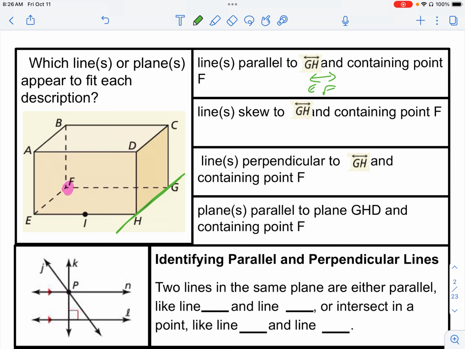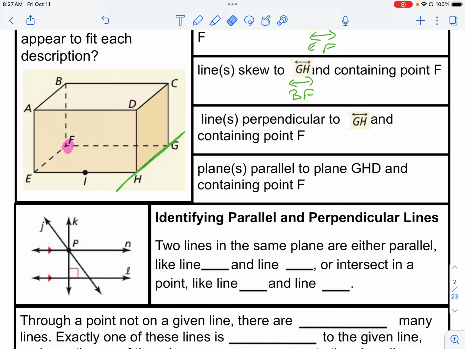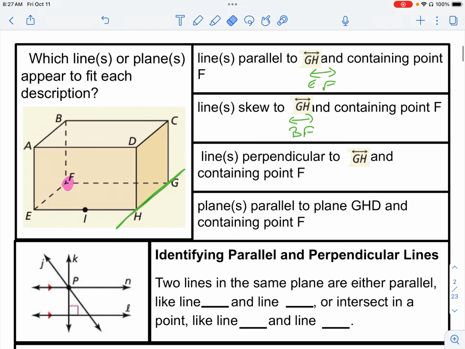All right, so line skew to GH and contains point F. Well, skew is not on the same plane, so it's got to be going in a different direction. So it's going to be line BF. Line's perpendicular. Well, here we don't have the little box, but we do have the words appears to be.